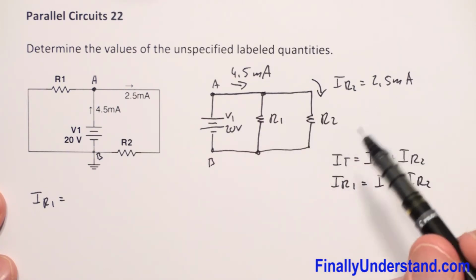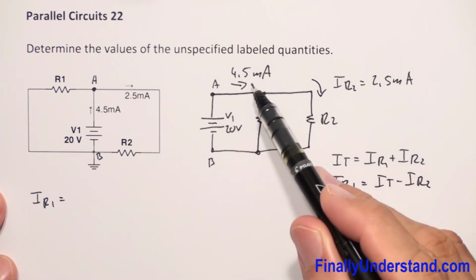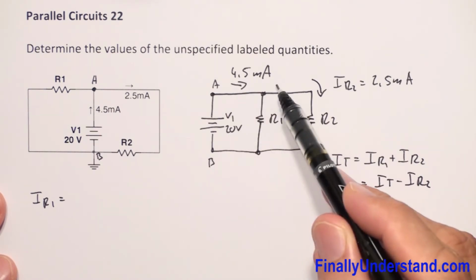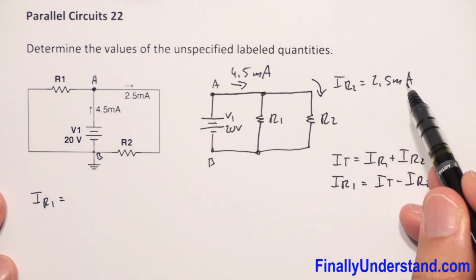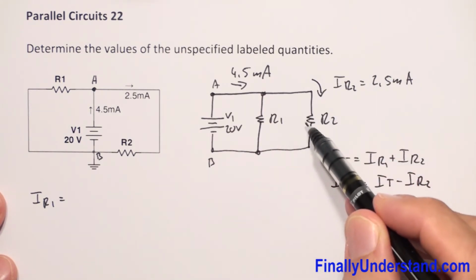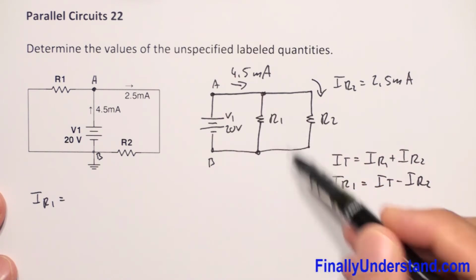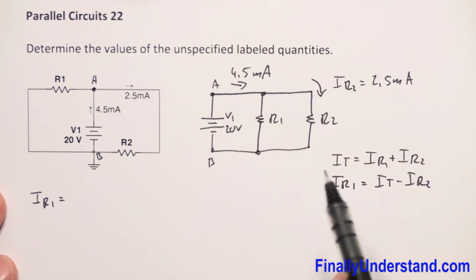Imagine that this is like a water flow. We have 4.5 gallons of water going this way. 2.5 gallons went this way, so the remaining part will go through resistor R1. So this minus this will give me this.